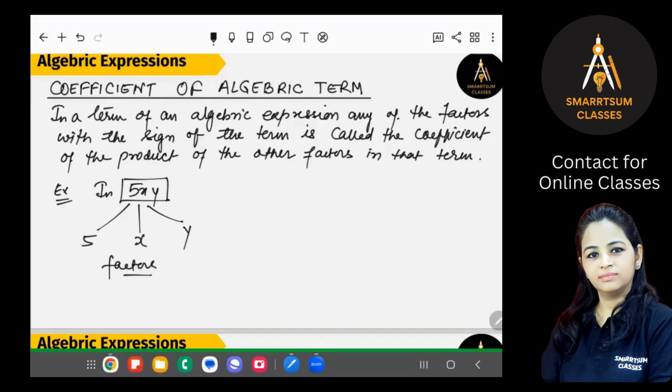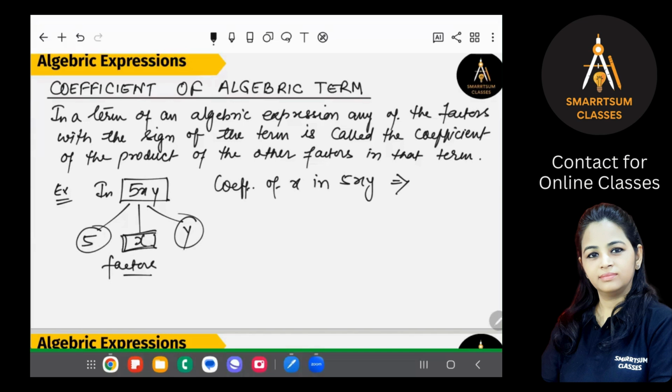Now, if we want to find out the coefficient, everybody please see the screen and try to understand this. If we have to find the coefficient of x in 5xy, what will it be? 5y. The product of the factors other than x.